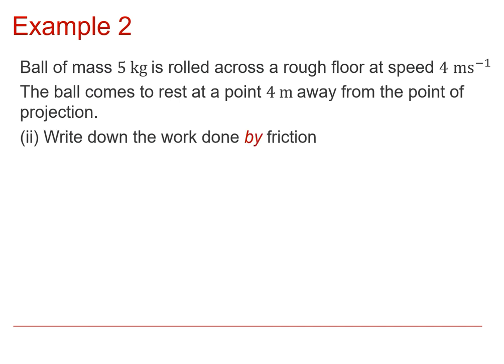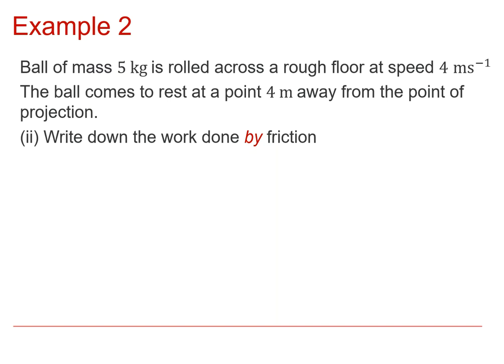Part 2 says write down the work done by the friction. Again, this is where we can apply the work energy principle. That change in the kinetic energy is a result of work either being done on the object, or work being done by that object on something else.